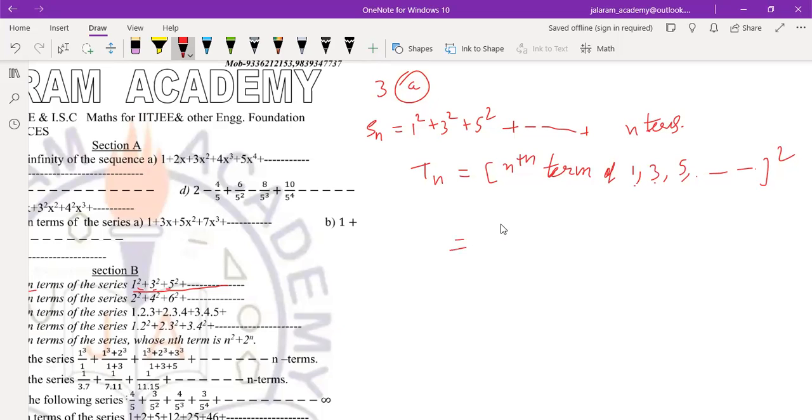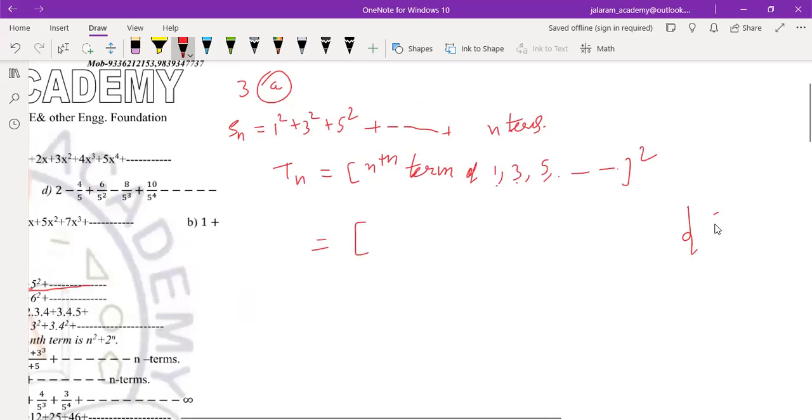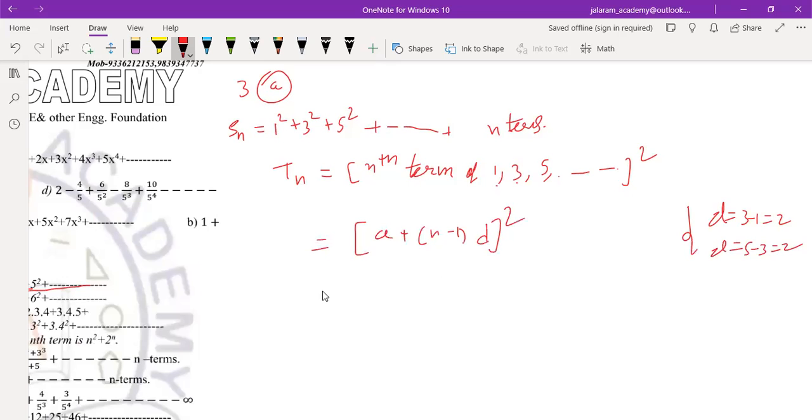So which type of series is this? You can observe it is an AP, as its common difference is common. 3 minus 1 equals 2, again 5 minus 3 equals 2. So we can use the formula for nth term of AP. We know that it is a plus n minus 1 into d whole square.